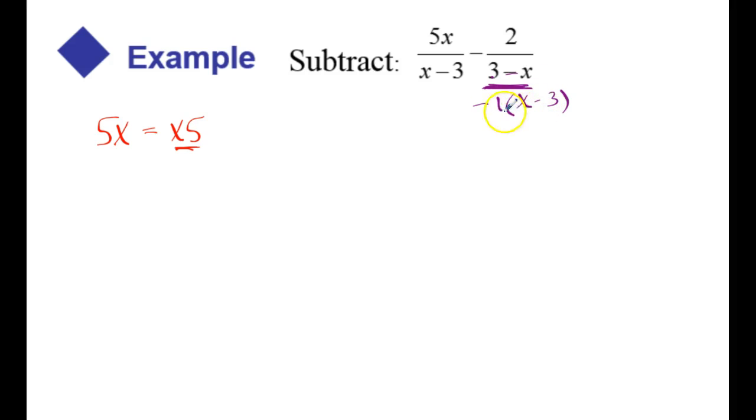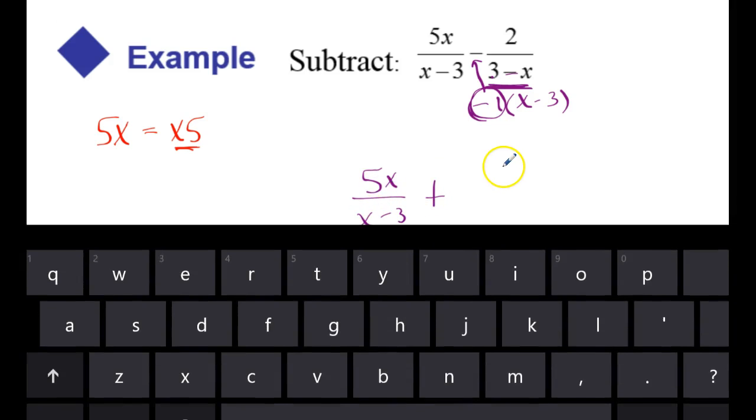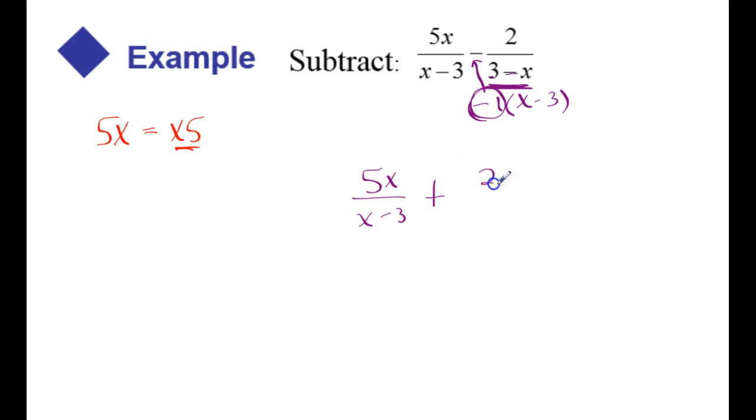If you distribute this negative 1 throughout, again, you'll get that 3 minus x, just in a different order. Now this negative 1 can be applied to this negative, because negative times negative is positive. So my new problem says 5x over x minus 3, plus 2 over x minus 3, because this negative 1 times this negative 1 changes to a positive.